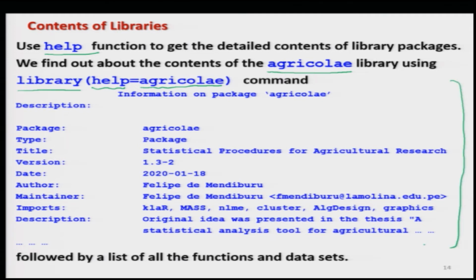So you can see here this is giving you information like what is the name of the package, what is the type, what is the title. The title is a statistical procedure for agricultural research, what is its version, when it was created, who is the author, who is maintaining it, and you can contact him.